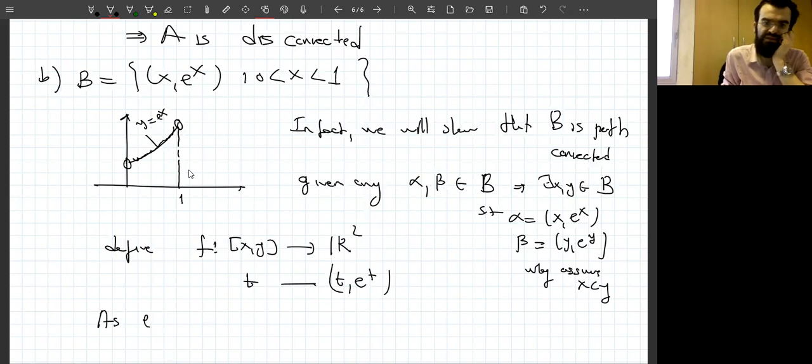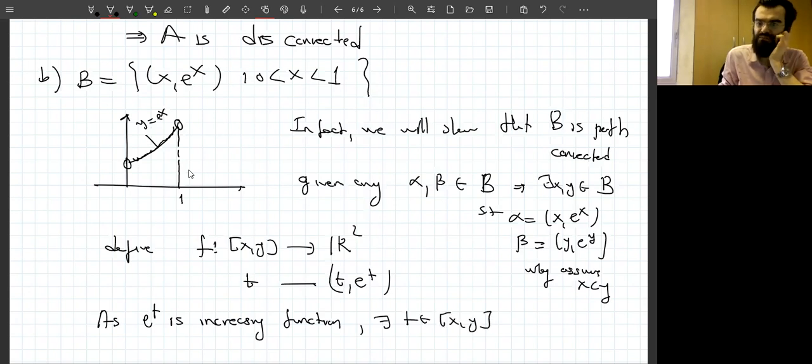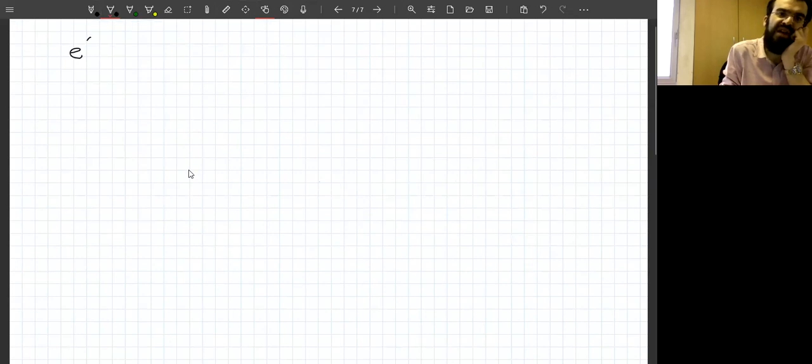So, taking t to (t, e to the t). As e to the t is an increasing function, for all t in [x,y], e to the x is less than or equal to e to the t, less than or equal to e to the y.